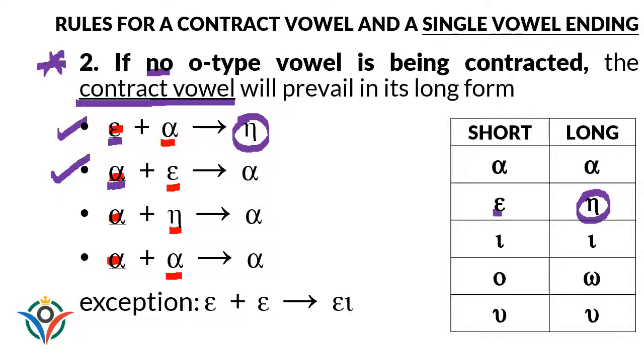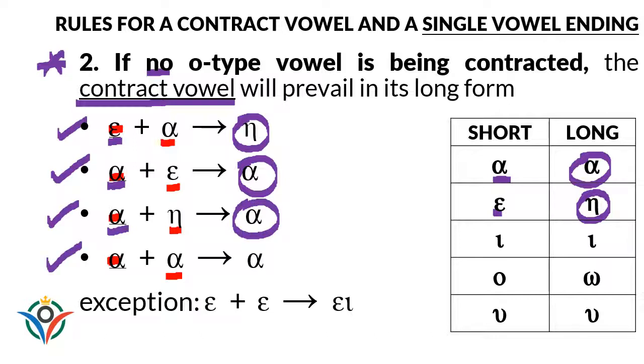What is the long form of the alpha? We see here it's alpha. So that's why we have alpha. Third example, once again, we have alpha plus the eta. We end up with the long form of the alpha, which is an alpha. And the last example, when you have alpha plus an alpha, once again, we end up with an alpha.